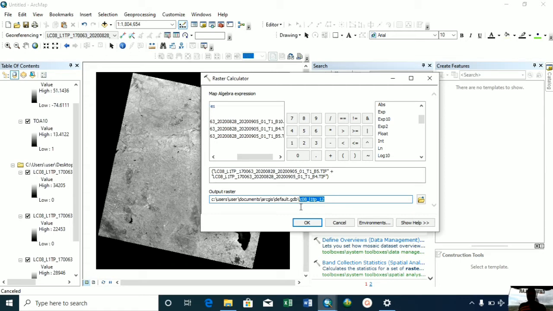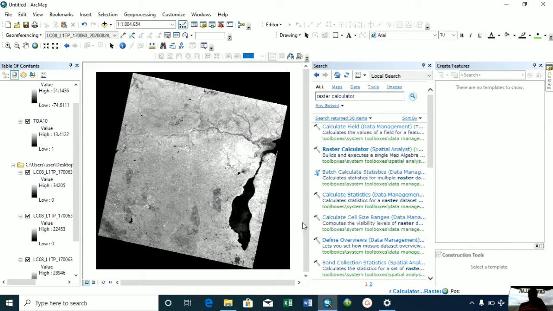This one will be NDVI. You run it, and after calculating it, you have to wait for a moment.